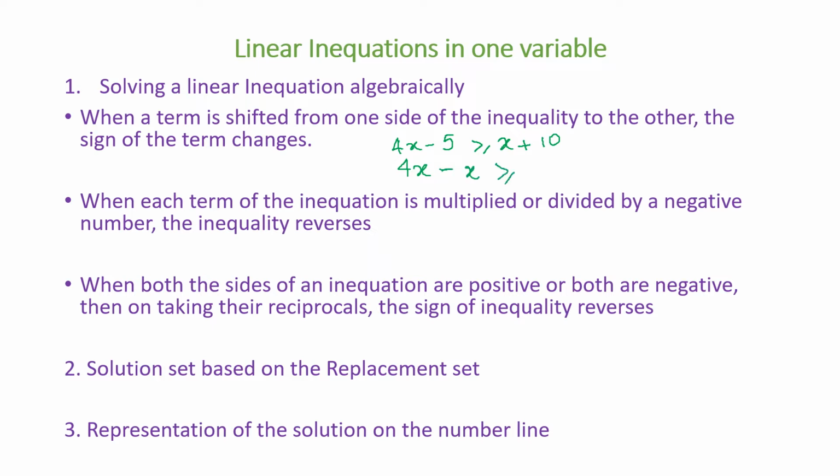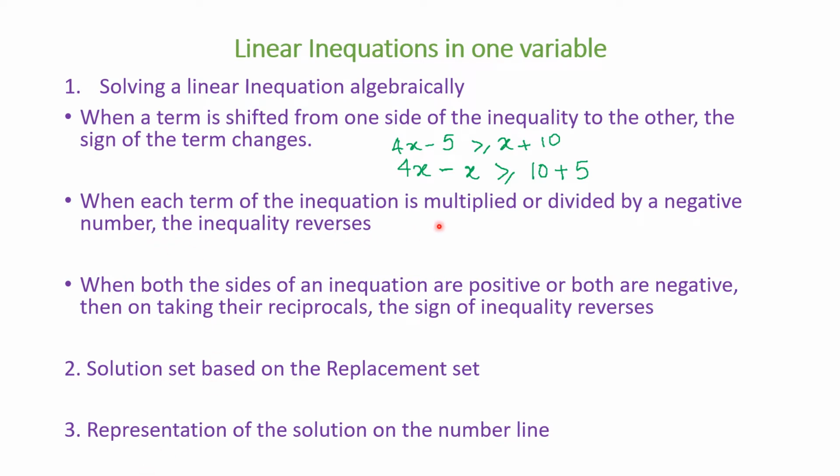The inequality will be as it is, and this is 10, and because minus 5 is negative, when it comes to the other side of the inequality, it will become plus 5. Now let's look at the next rule.